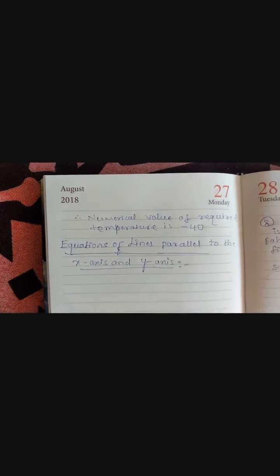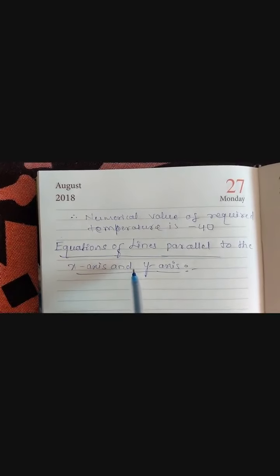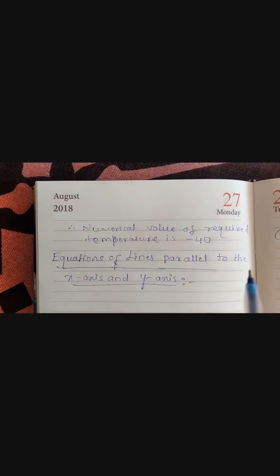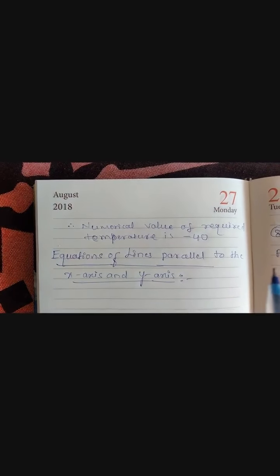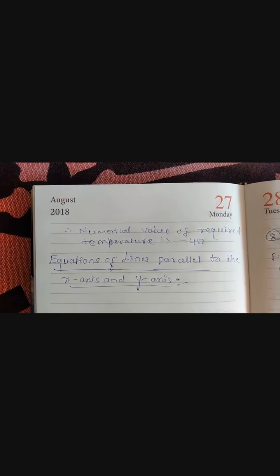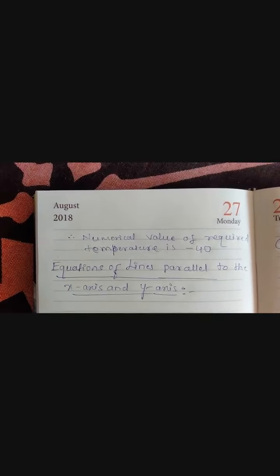See the next concept, children: equations of lines parallel to the x-axis and the y-axis. When coordinate points are given and you draw the graph using those points, the graph will come parallel to the x-axis or the y-axis. So see carefully, children.